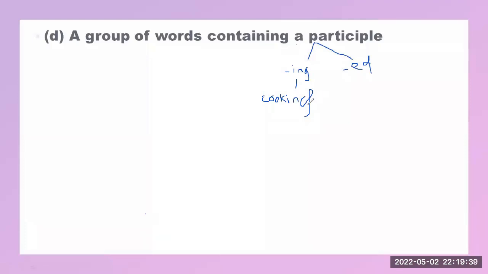So if you talk about a cooking utensil, then you are using cooking to describe the utensil, all right? Or a frying pan. The word frying becomes a modifier. So that's what a participle does. Now, we are looking at a group of words containing a participle that can form an adjective phrase. So let's now look at specific examples, all right?